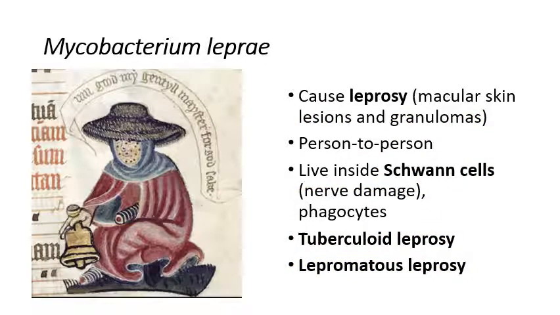All right, so leprosy again is a big part of world history, ancient history. In the Middle East, we have all these stories about lepers going around, and leprosy was a disease that was endemic to the Middle East.